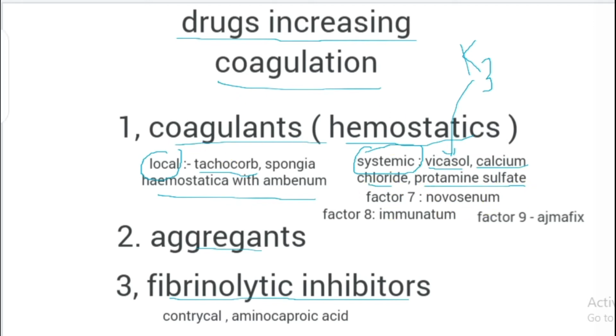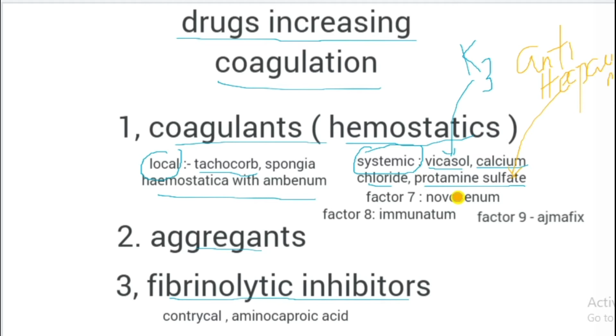Protamine sulfate, important, which is anti-heparin. Then factor 7, NovoSeven.